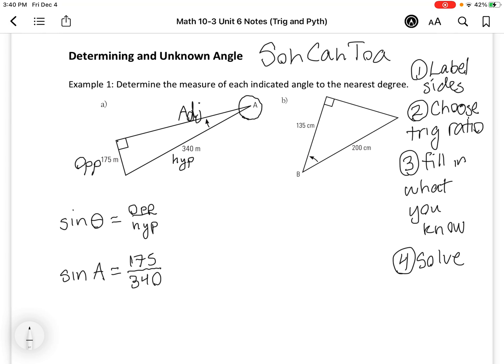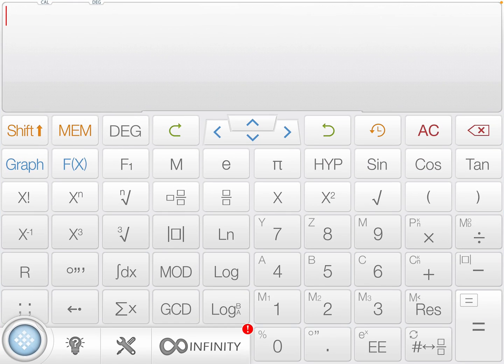In this case, we have the ratio and we want the angle. When you have the ratio and you want the angle, you need to use sine inverse. So A is going to equal sine inverse of 175 divided by 340. So I'm going to take out my calculator and I'm going to use the shift button, sine inverse of 175 divided by 340.